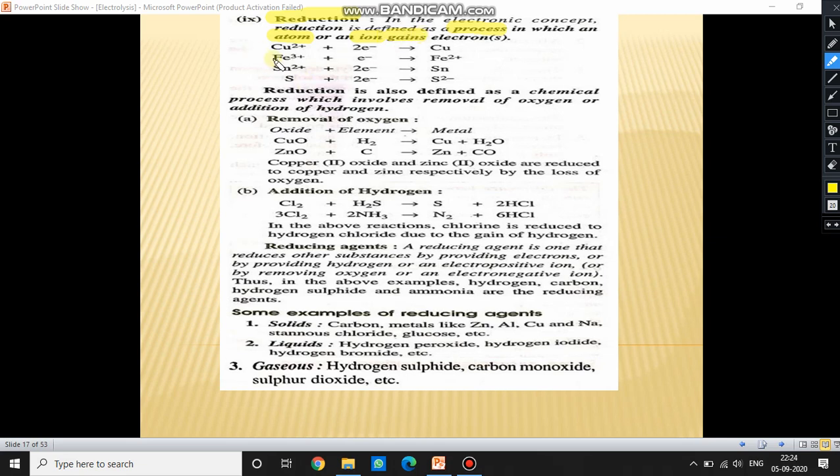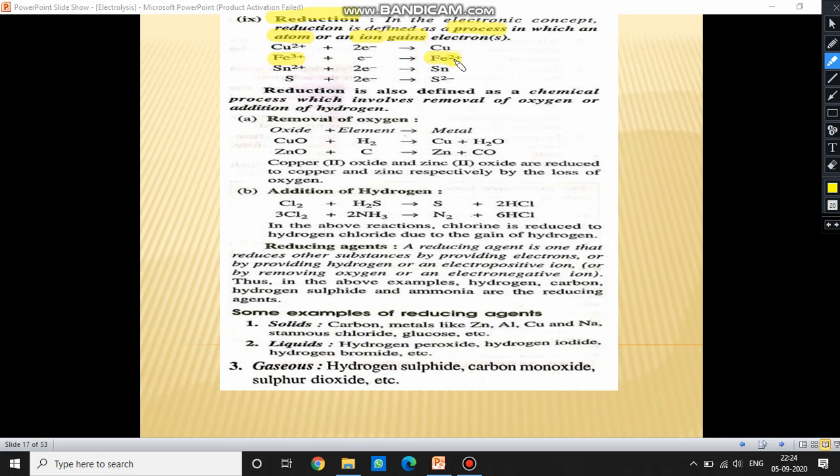For example, you can see here ferric is accepting an electron and it is becoming ferrous. So Fe3+ is changing to Fe2+. It is accepting an electron and as a result its Fe3+ state is changing into the Fe2+ state.